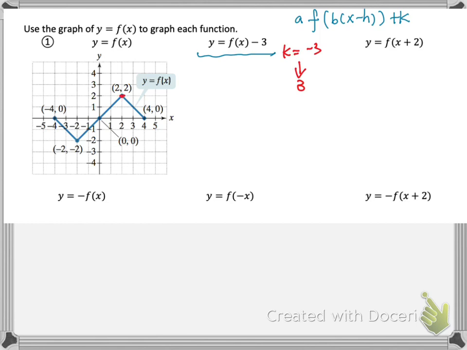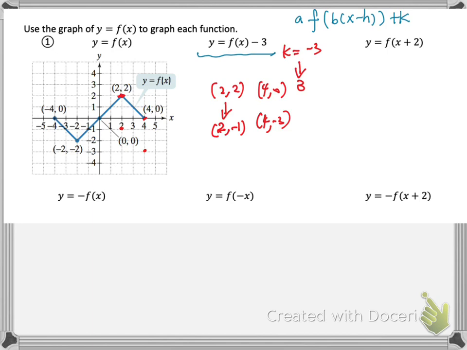At the point 2, 2, move down 3 units, you get 2, negative 1, right here. And the point 4, 0, move down 3 units, you get 4, negative 3. So we got 4, negative 3 is here, right?